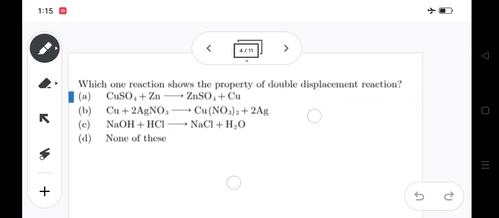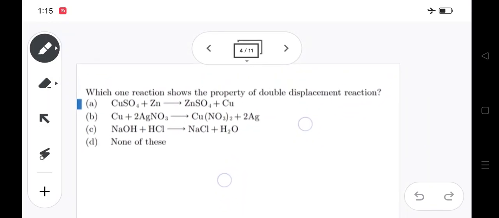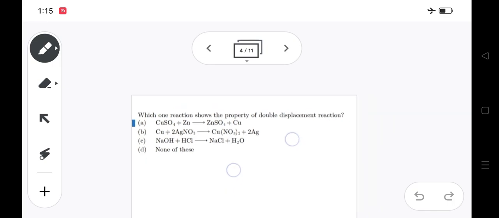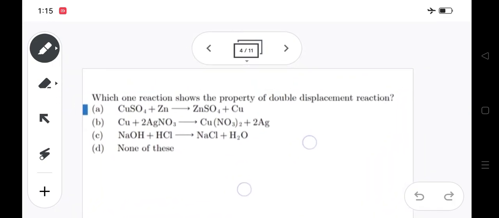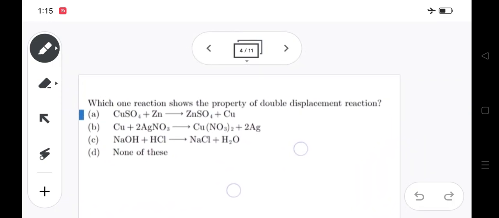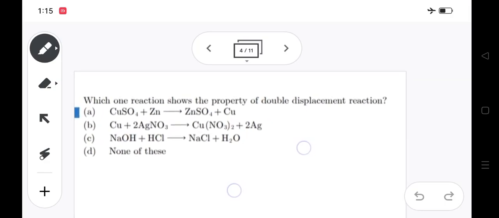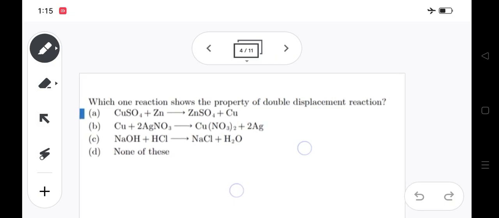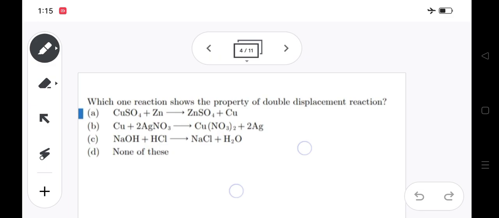Now next question. Which reaction shows the property of a double displacement reaction? CuSO4 plus Zn gives ZnSO4 plus Cu. Cu plus AgNO3 gives Cu(NO3)2 plus Ag.